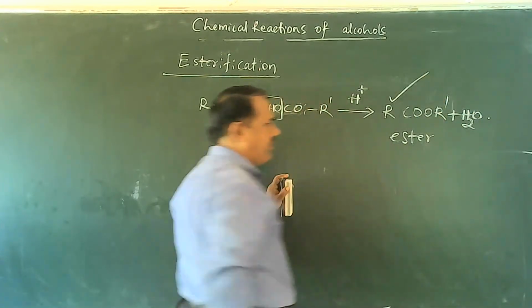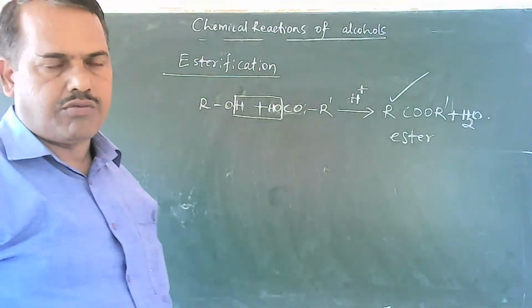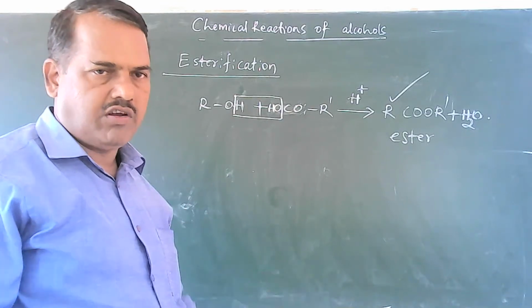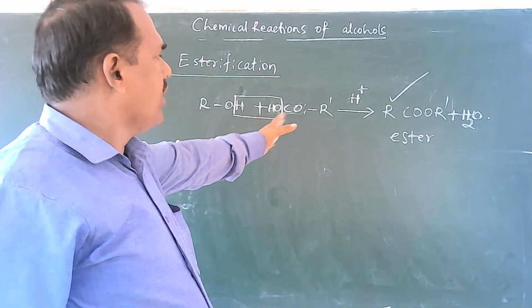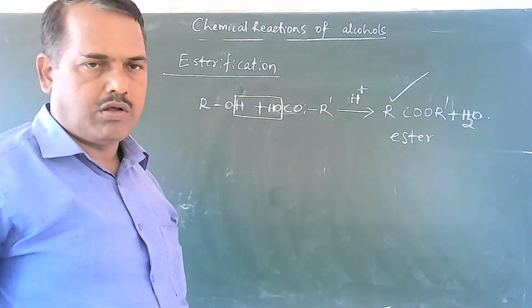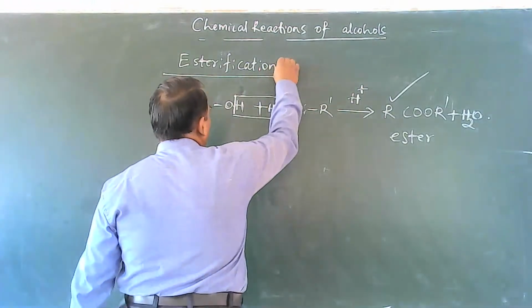It is a well-known, very simple and familiar chemical reaction of an alcohol. Alcohol reacts with carboxylic acid in the presence of concentrated H2SO4, an ester is formed. This particular reaction is called esterification.